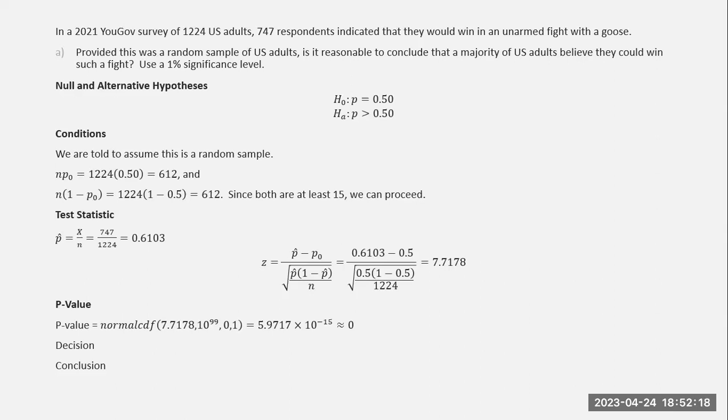It's a 7.717. Your calculator is going to go back and correct that. It's a really big number. All right, so we're good on the p-value.